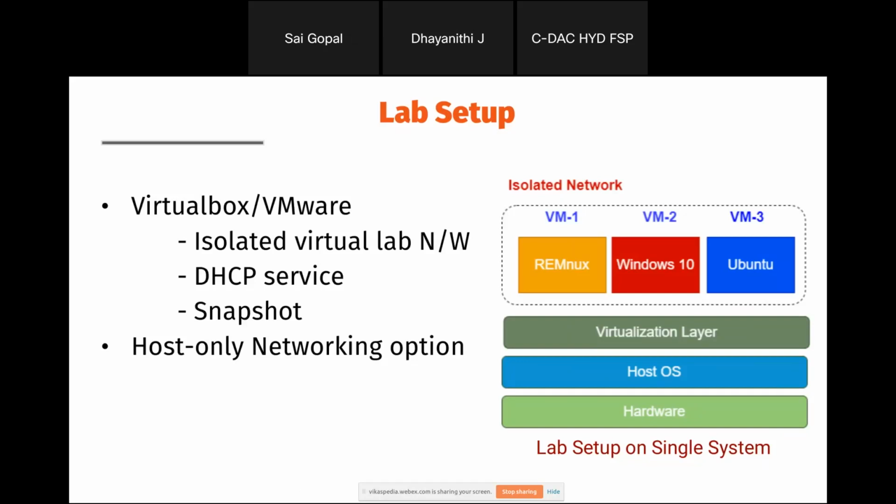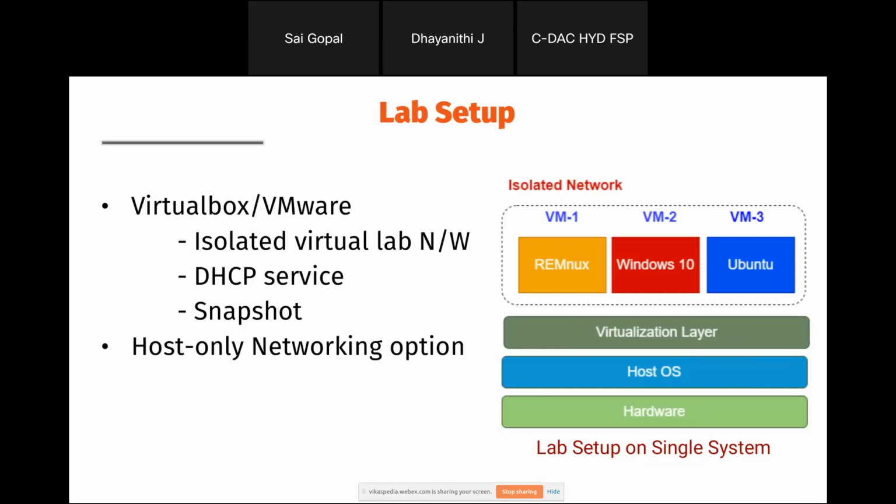Before actually analyzing the malware, we should take a snapshot of the VM. Whenever you run the malware, the particular VM will be infected. In order to test another malware, we need to restore to the clean state, and this restoration will happen using the snapshot.